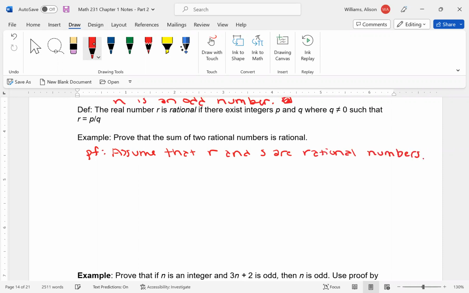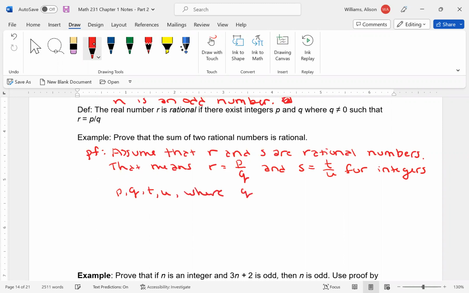That means r equals p over q, and s equals t over u, for integers p, q, t, u, where q doesn't equal 0 and u doesn't equal 0.